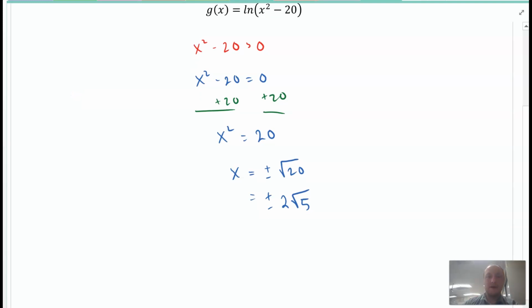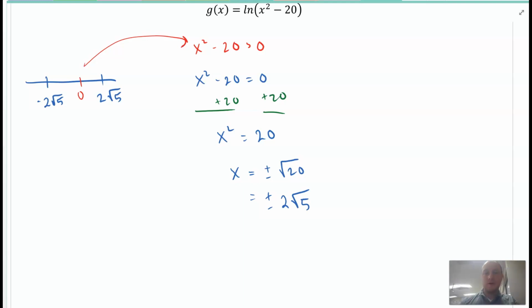So we'll go ahead and test them. So negative 2 root 5, positive 2 root 5, and we'll test 0. So when I plug in 0 into my logarithmic argument, we get 0 minus 20 is greater than 0.